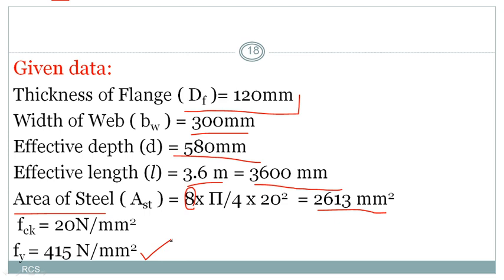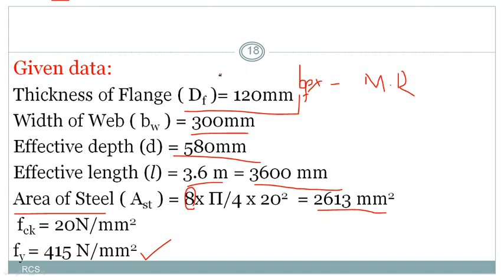If you observe the input data, nowhere do you get the effective width of the flange. Without knowing this, we cannot calculate the moment of resistance of the beam. So first of all, for this type of problem, we have to calculate the effective width of the flange.